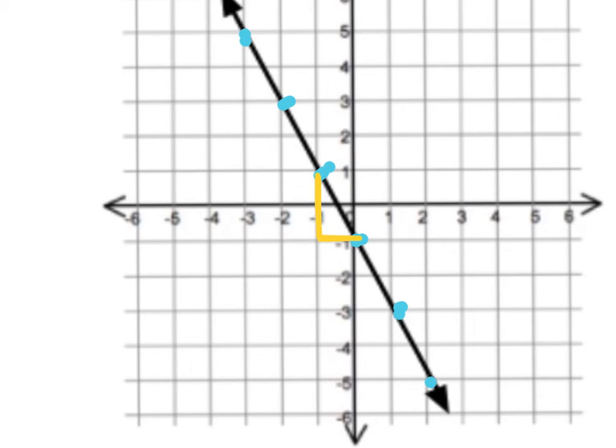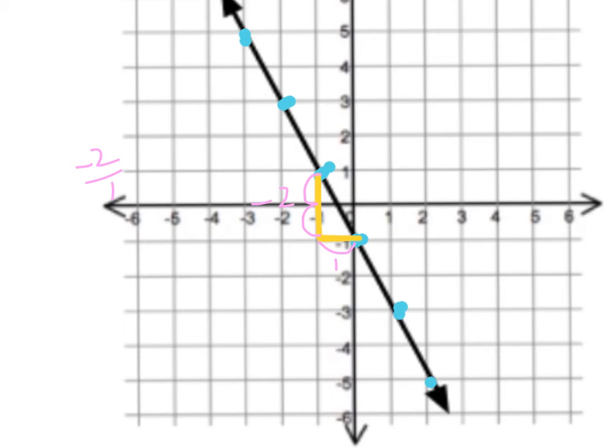Okay, now let's count. Rise over run. It goes down 2, so that's -2. Down 2 on the rise, and then it runs 1. So rise over run, -2 over 1 for our slope.